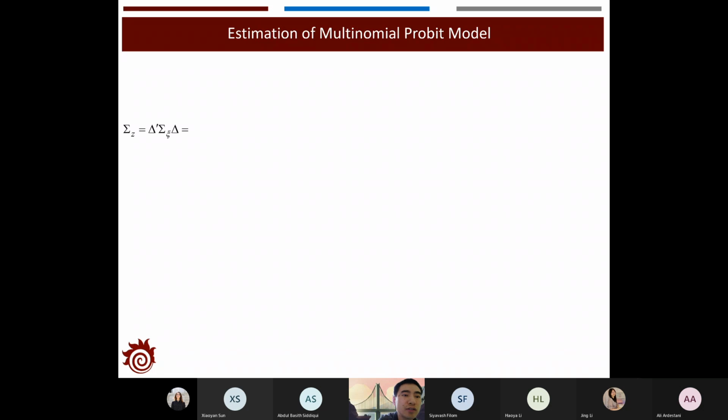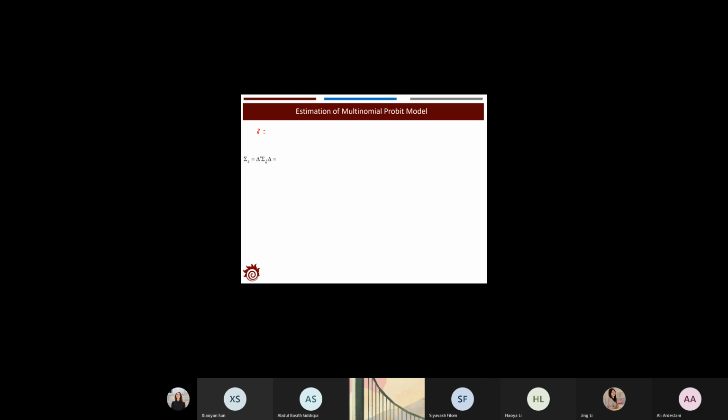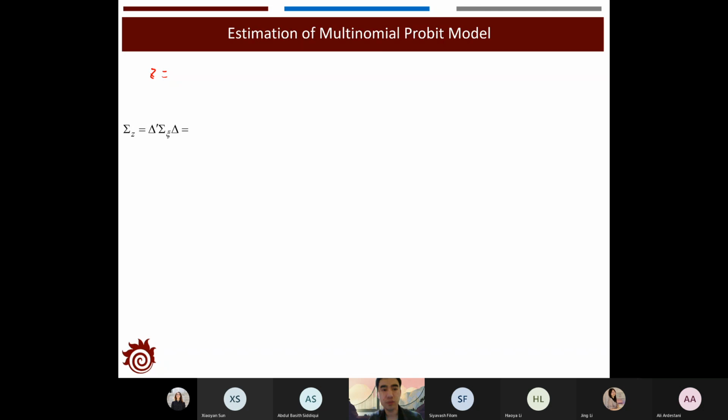As for the z vector, Z actually equals to u times delta, and that equals to v times delta plus epsilon times delta. So the random term is epsilon times delta.